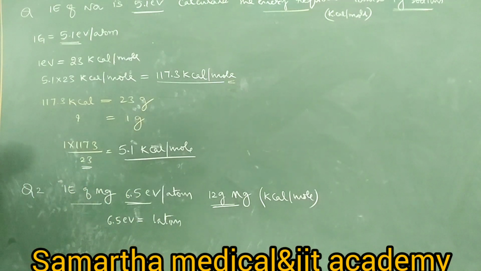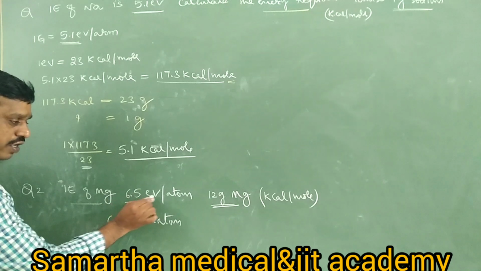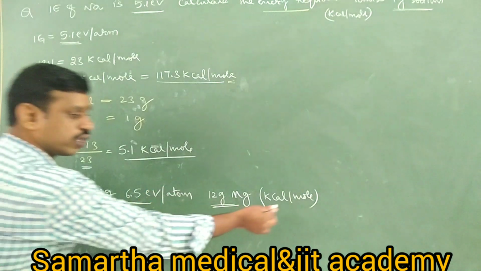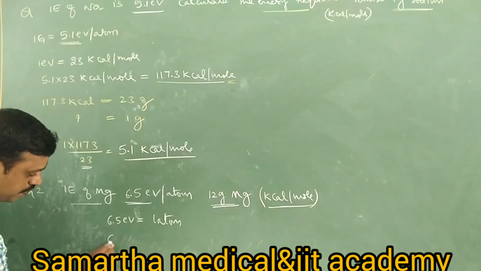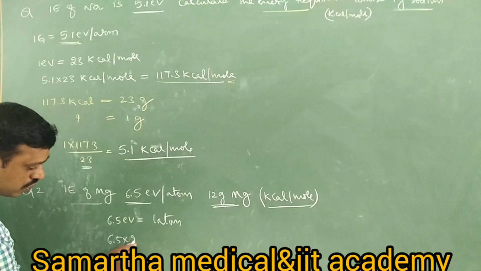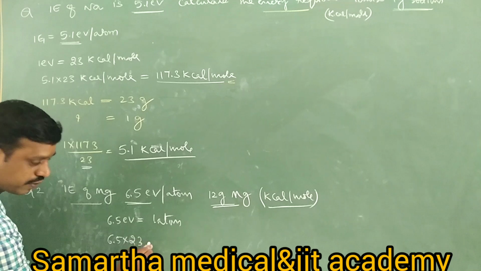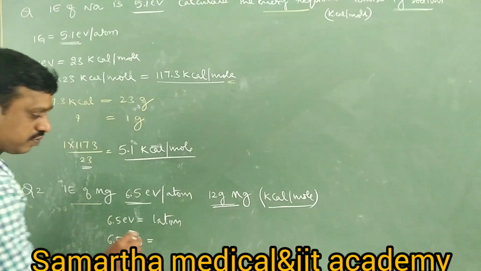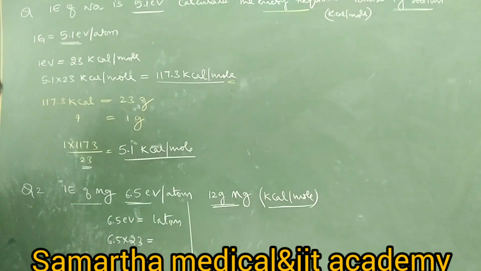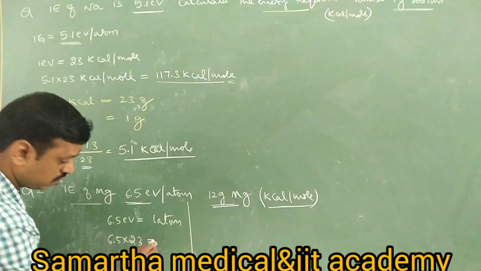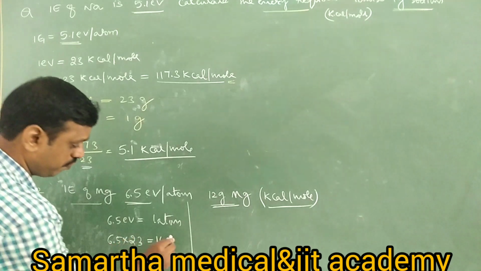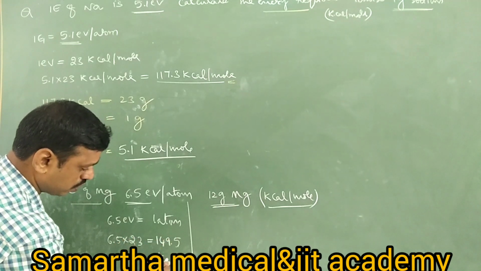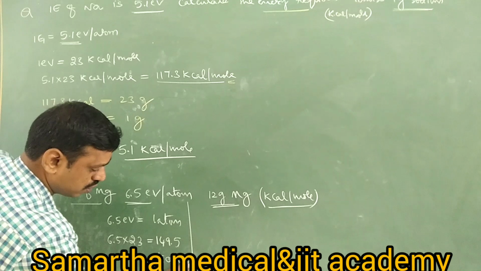For that, what I do is convert 6.5 electron volt per atom into kilocalories per mole first. How do you convert? 6.5 into 23 is equal to 149.75 kilocalories per mole.